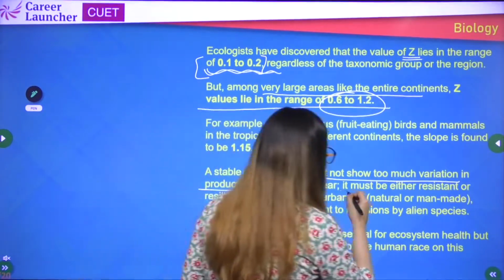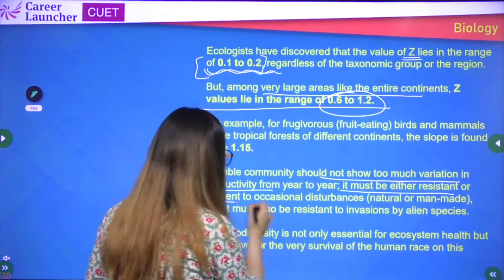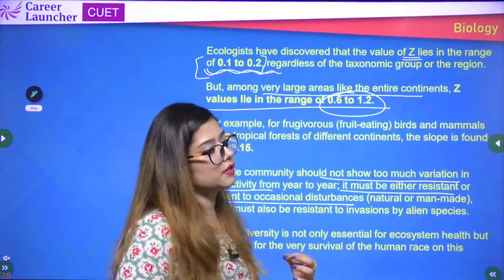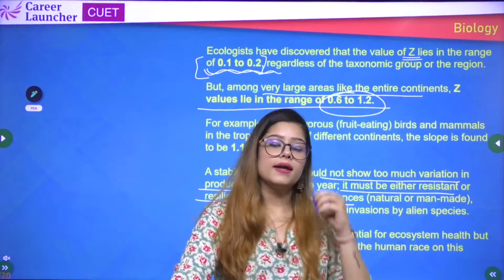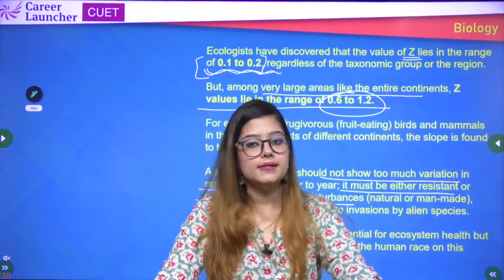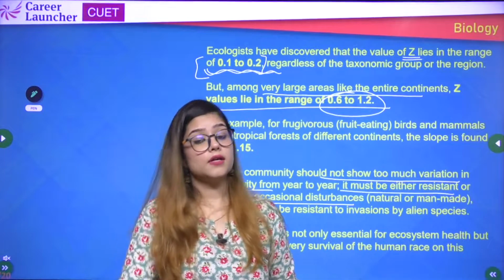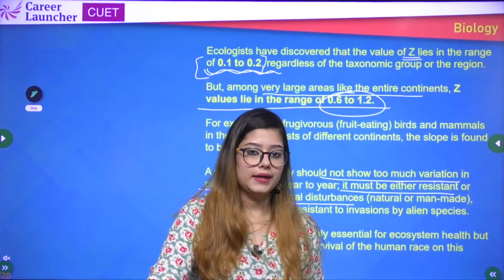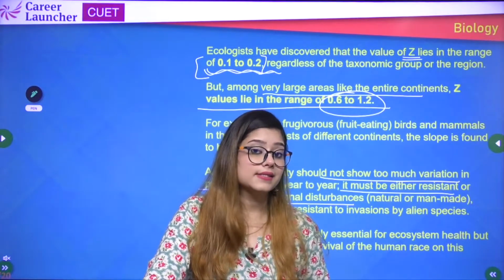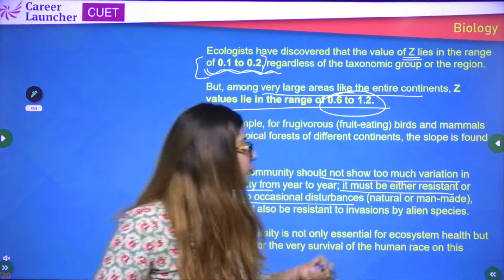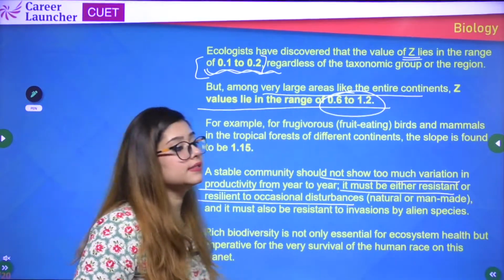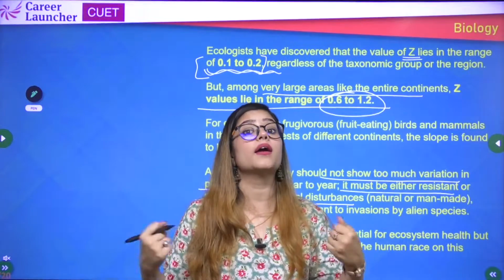Second thing, it must be either resistant or resilient to occasional disturbances. ठीक है, अगर एक कम्युनिटी हर छोटे से डिजास्टर से या हर छोटे से डिस्टर्बेंस से फॉल अपार्ट हो रही है, right, then we cannot call it as a stable community. So a stable community must either be resistant or it should have that power to recover, right?